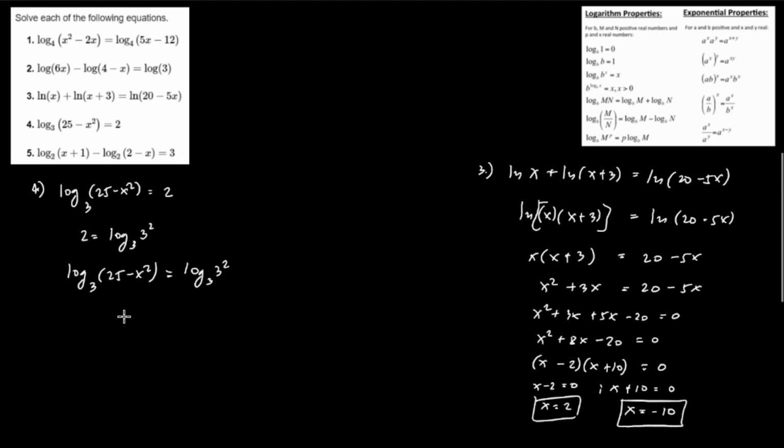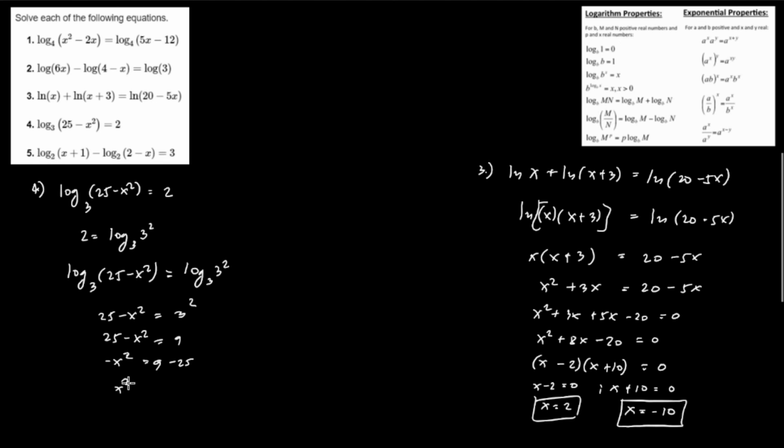Using the logarithm properties, with the same base b, the value 25 minus x squared is equal to 3 squared, or 25 minus x squared is equal to 3 times 3 is 9. Minus x squared is equal to 9, with 25 transposed to the right side, or negative 25.